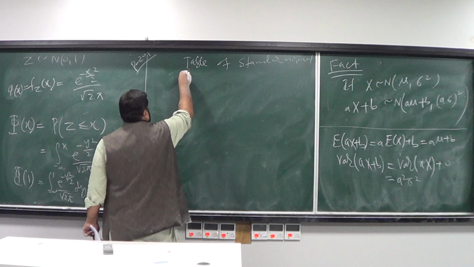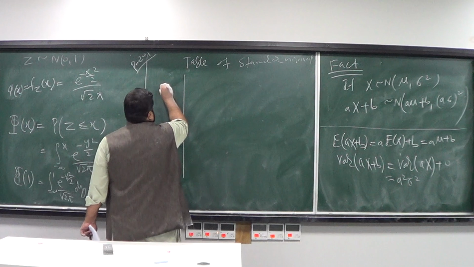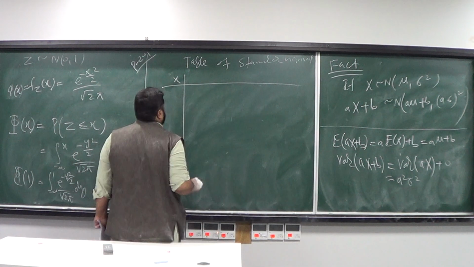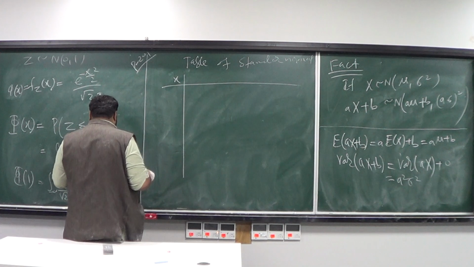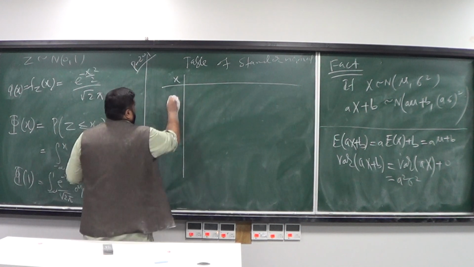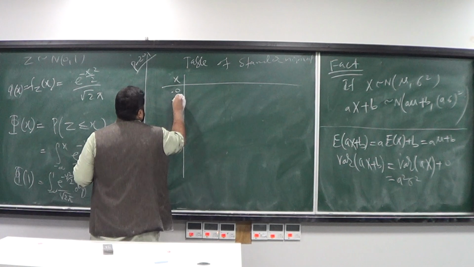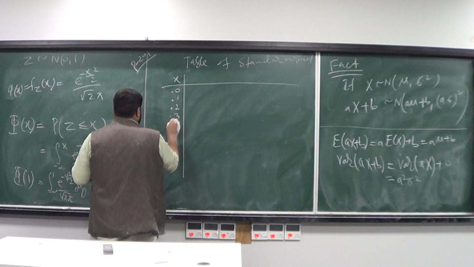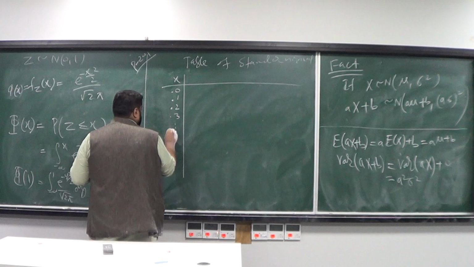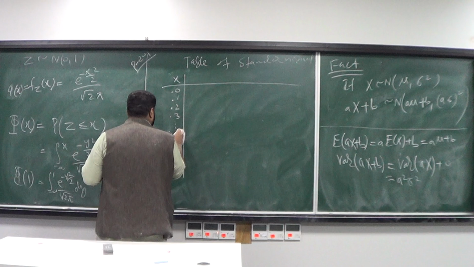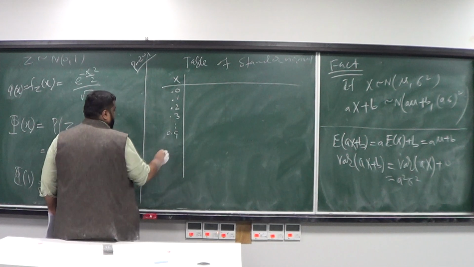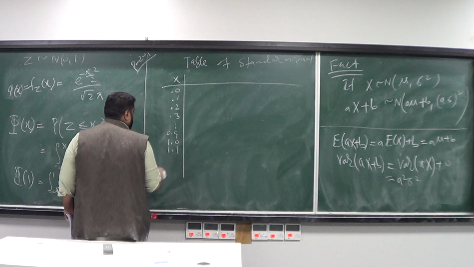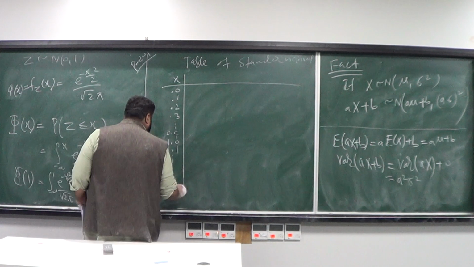You will see two sets of values. You're going to have x here, like this: 0.1, 0.2, 0.3, up to say 0.9, and after that you will obviously have 1.0, 1.1, and so on and so forth, and the table goes on.